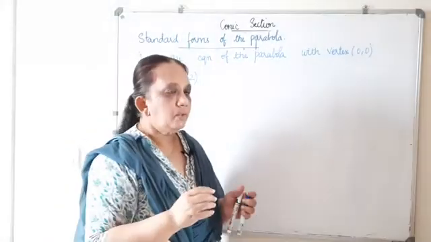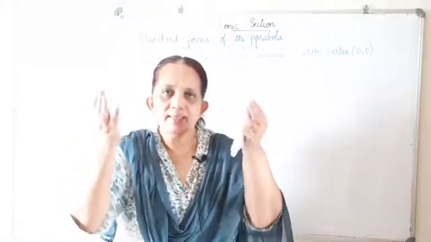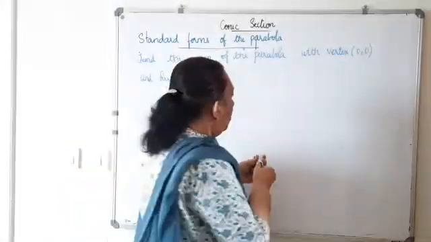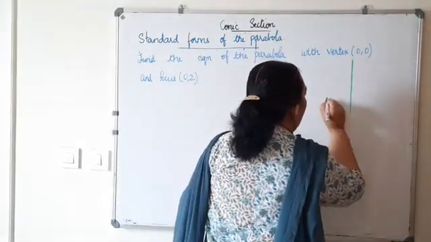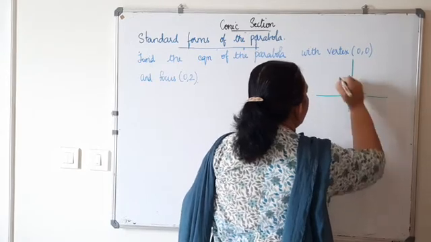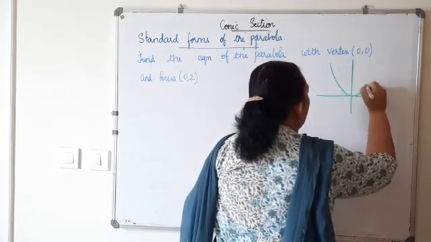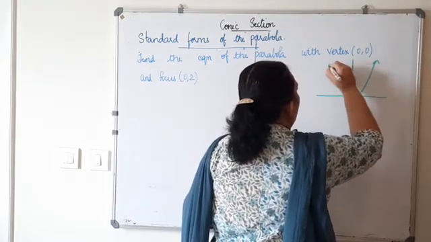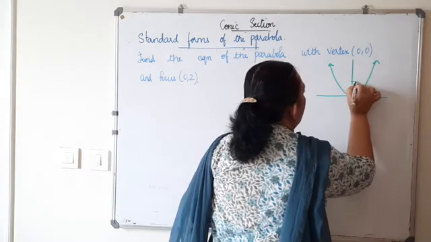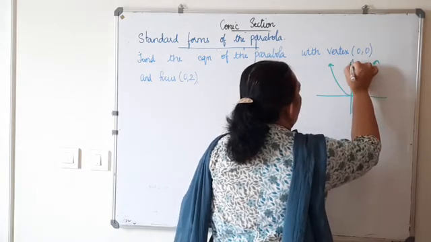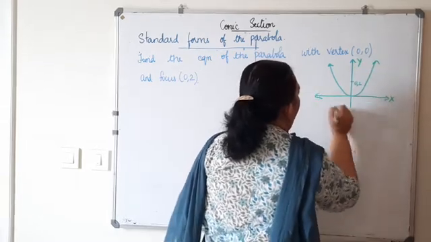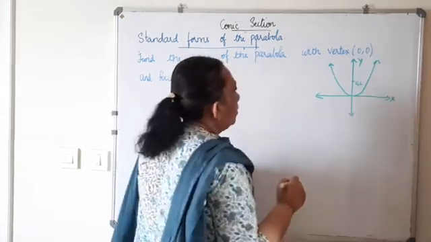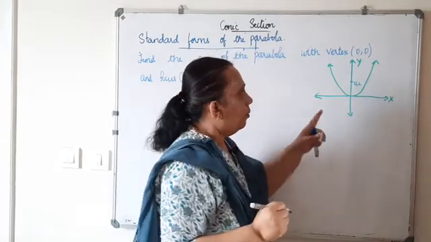So, focus is 0, 2 means focus always lies inside the parabola. So, this is the focus 0, 2, x-axis, y-axis. So, in this case, the parabola opens up.